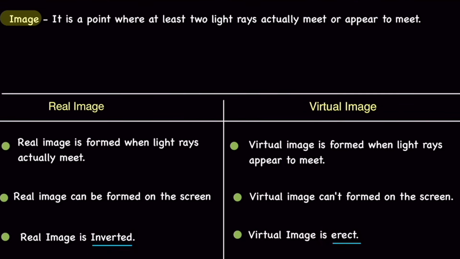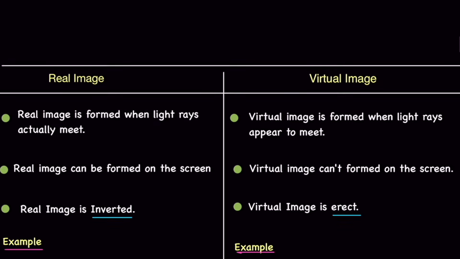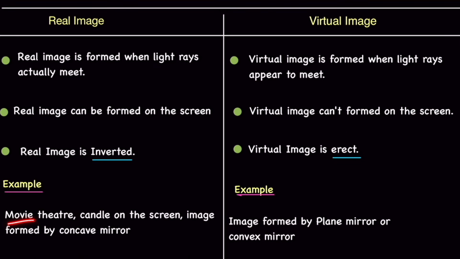But before that, just note down the examples of a real image: movie theater, candle on the screen, image formed by a concave mirror. In the spherical mirror topic, we will cover the concave mirror. A virtual image is formed by a plane mirror, we just saw the example, or a convex mirror. Convex mirror, I will explain in the spherical mirror topic.